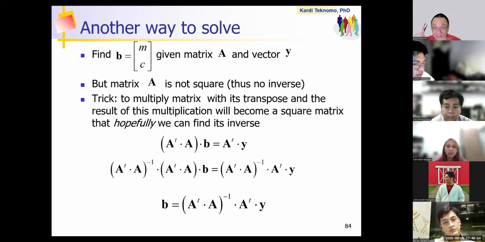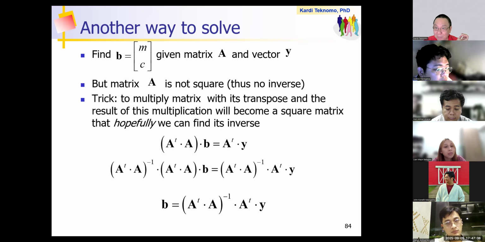Generalized inverse is just like inverse, but this is for a rectangular matrix, not a square matrix. Yeah. Of course, if it is a square matrix, it becomes just the normal inverse. Okay. So it is more general than the usual inverse. Okay. So the trick is to multiply the matrix A with its transpose.